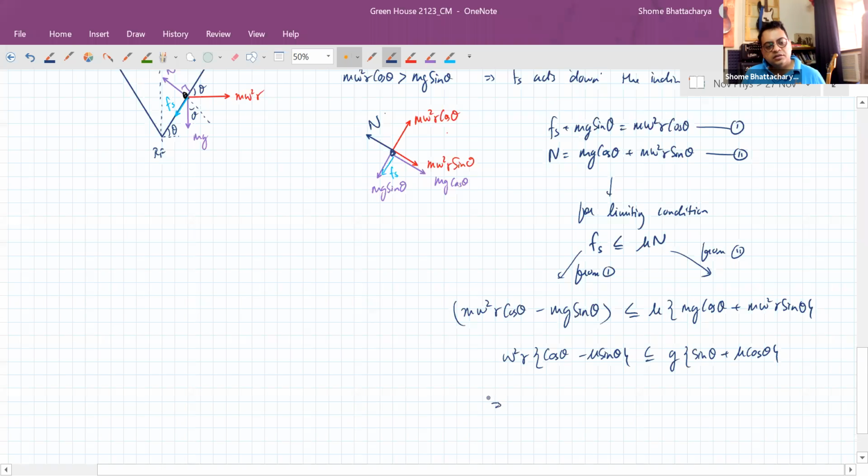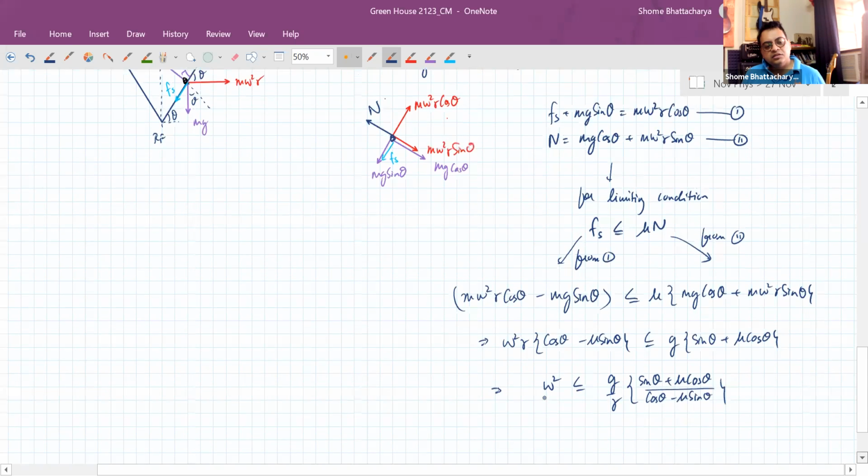So omega square should be less than or equal to g by r into this whole term, sin theta plus mu cos theta upon cos theta minus mu sin theta.